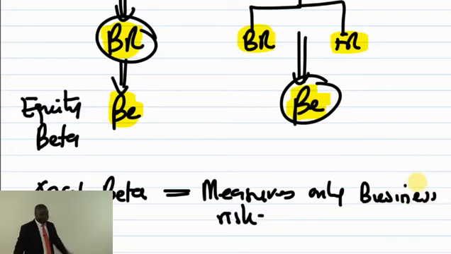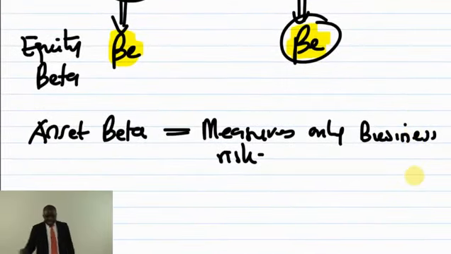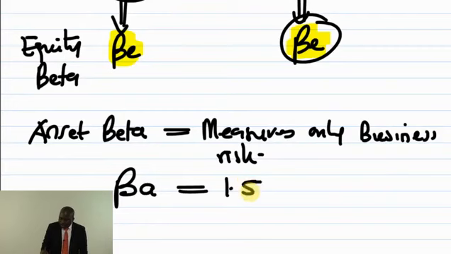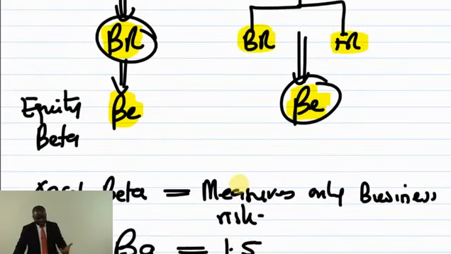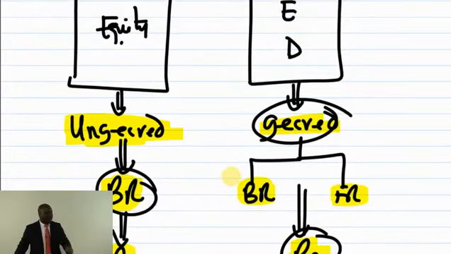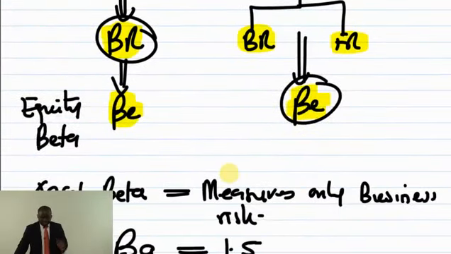Asset beta measures only business risk. So when I say the asset beta is, for example, 1.5, irrespective of whether the company is geared or ungeared, it is measuring that company's business risk.